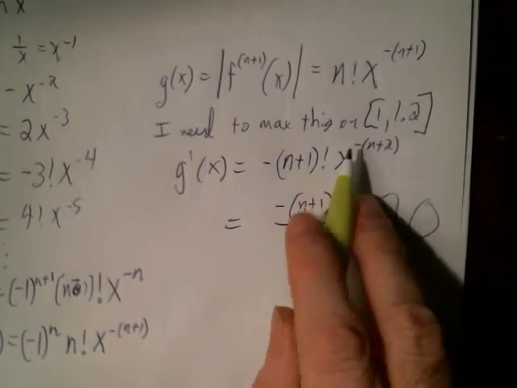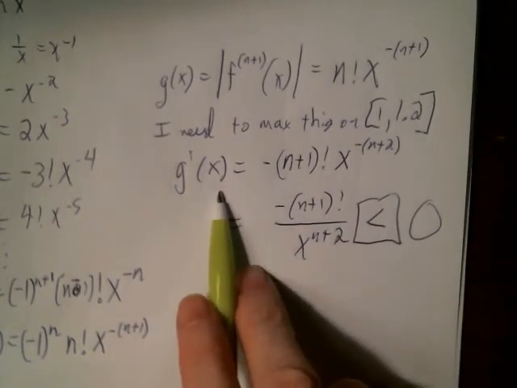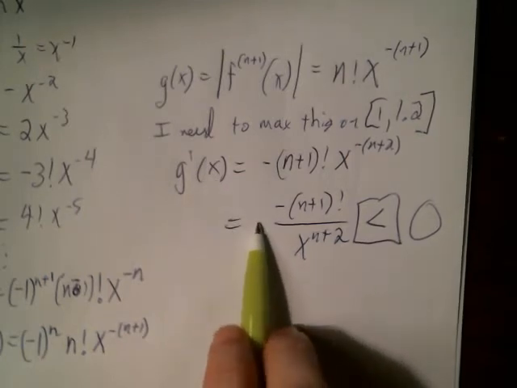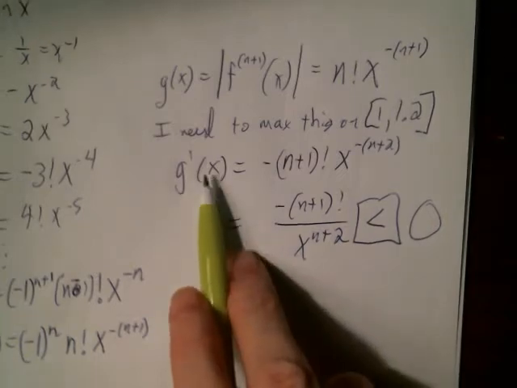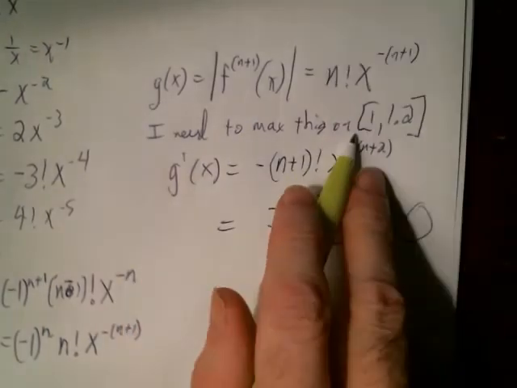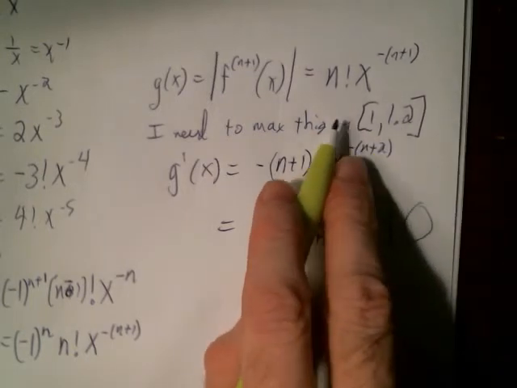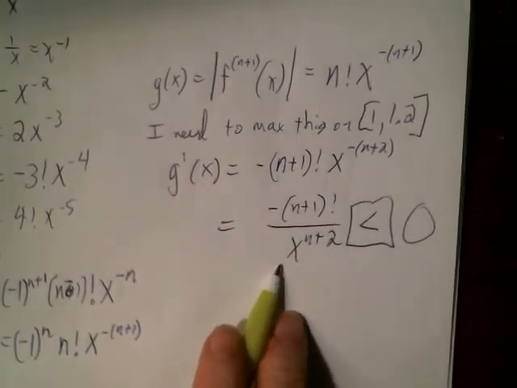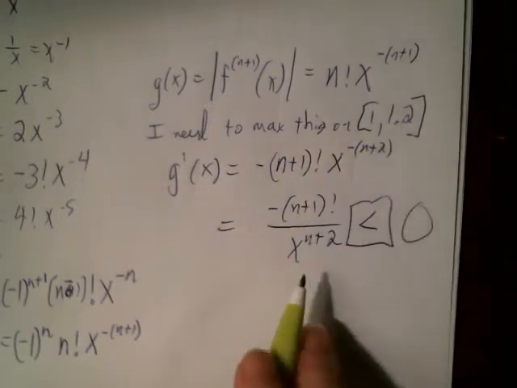So to find the maximum on a closed interval, find the derivative, set it equal to 0, find the critical numbers, substitute the critical numbers into the original function along with the endpoints. That will tell you what the maxes and mins are. In this case, there are no critical numbers.